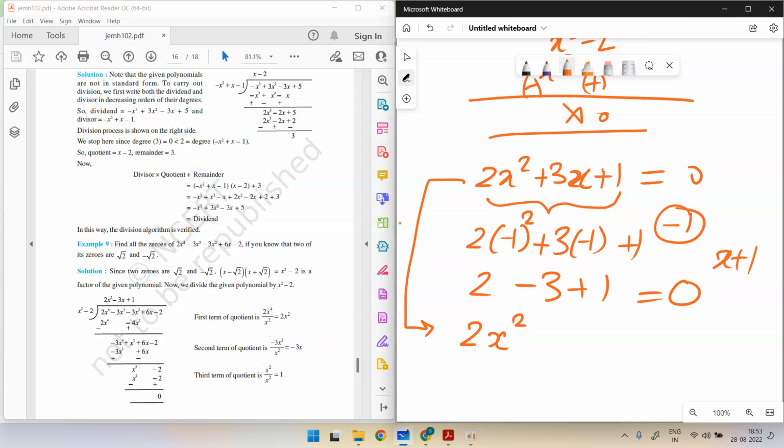so 2x^2 plus, you can write 2x, then plus 3x and 1, 3x is broken into 2x and x, and then another one will be x plus 1. And if you take 2x common, there is x plus 1 into x plus 1.